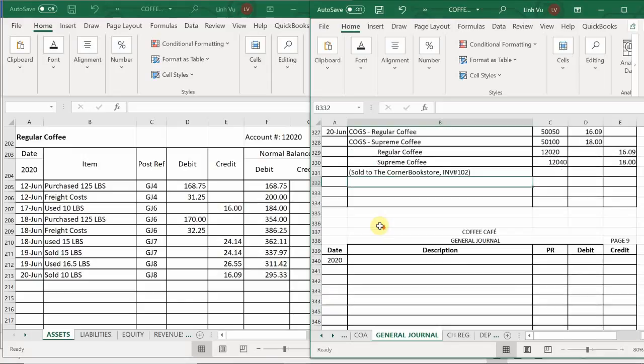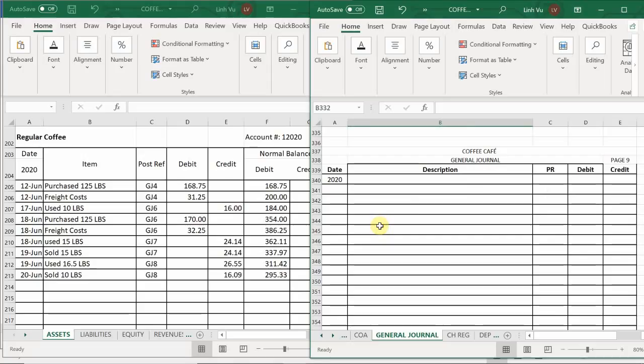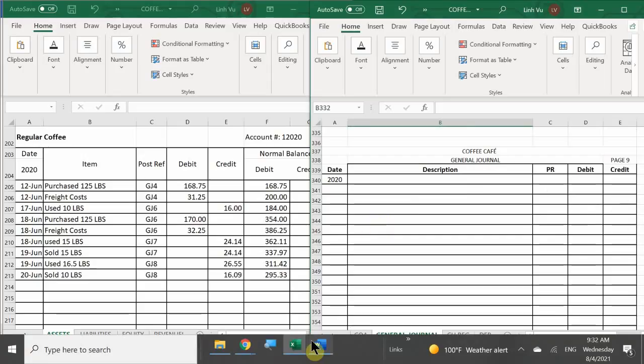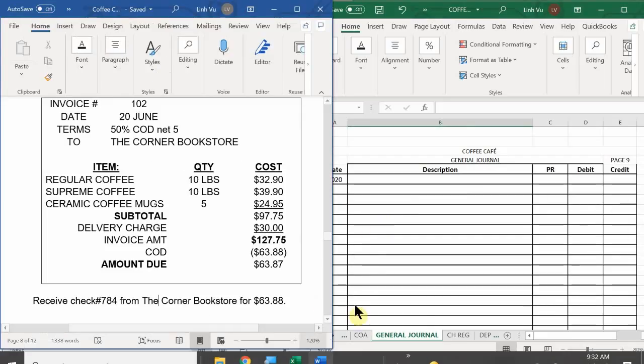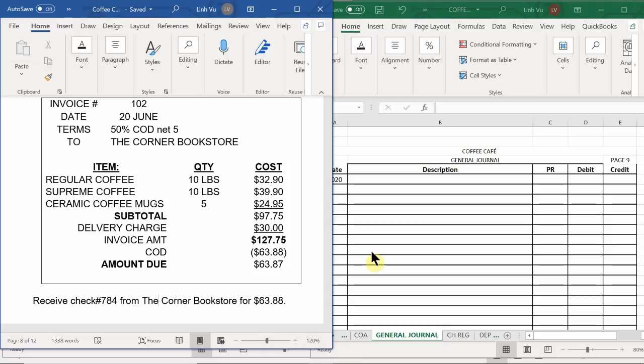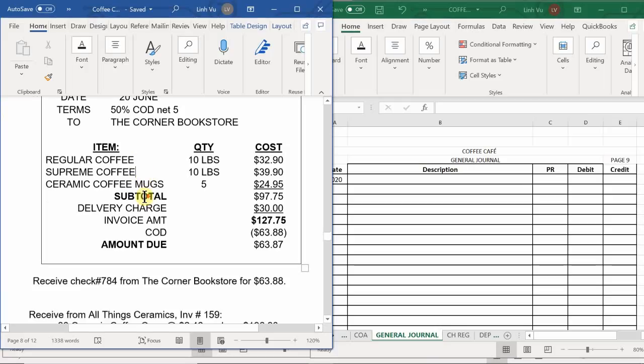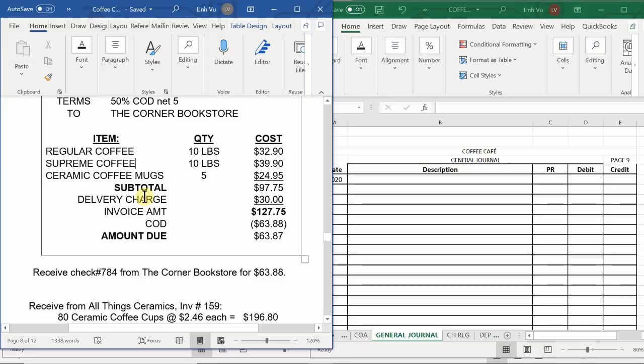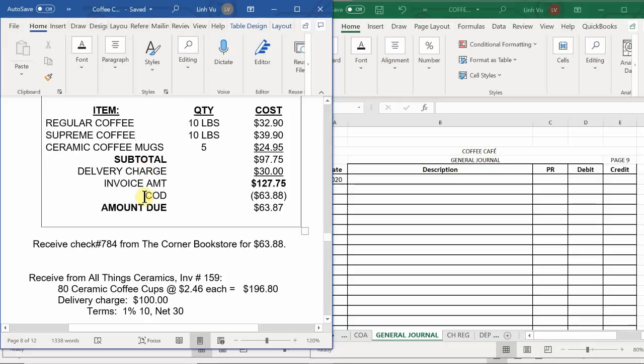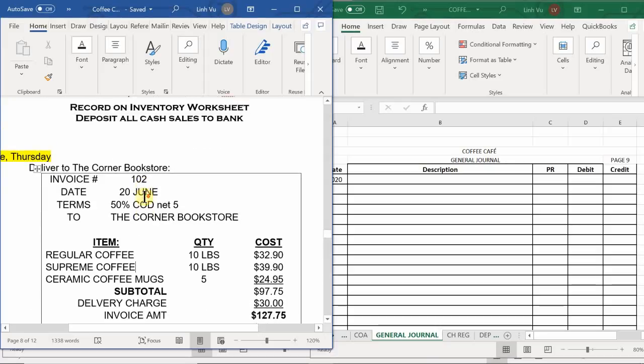So I'm going to move on to a brand new general journal, number 9, a new page. We calculated the commissions already for Albert. We submitted this into the invoice, we did the journal, we did the ledger, and we did the cost of goods sold. So this transaction is completely done.